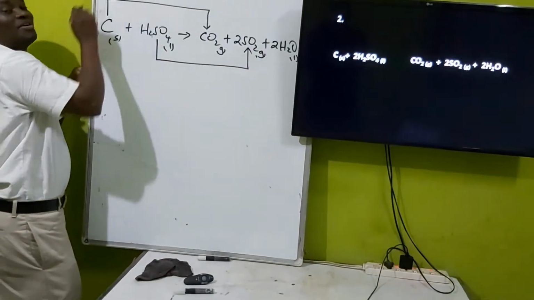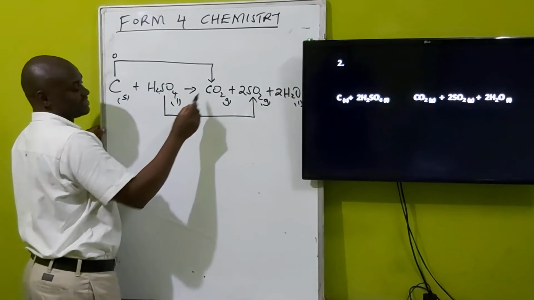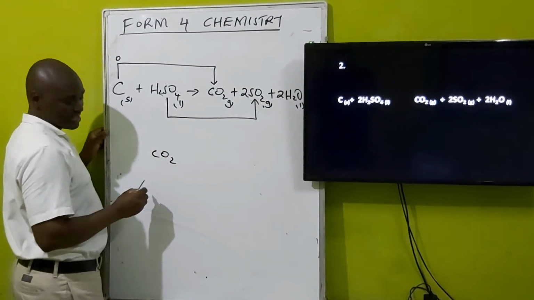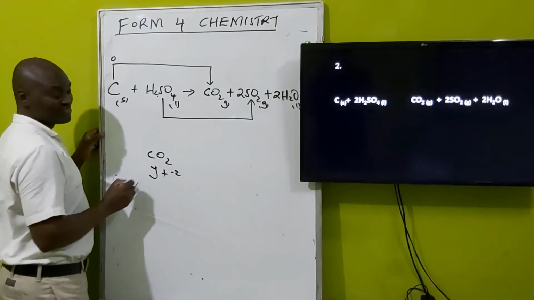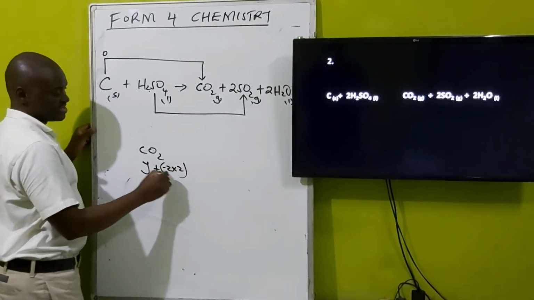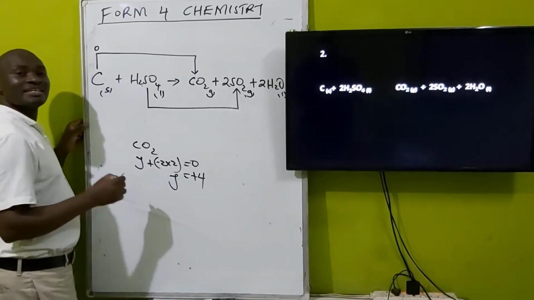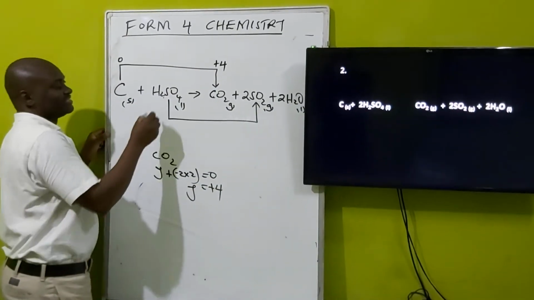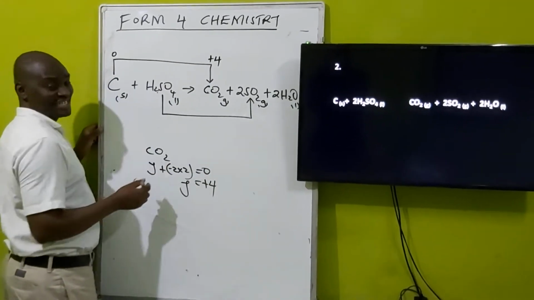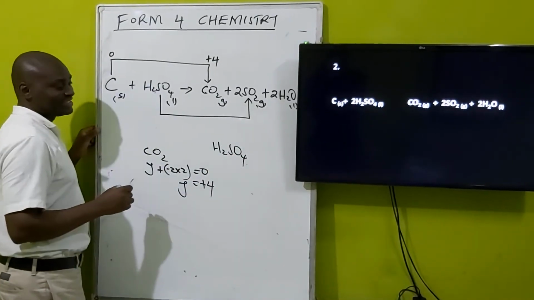Carbon here is 0. Here we have carbon 4 oxide, CO2. We don't know carbon, but oxygen is -2 times 2, which will give us 0, so y is equal to plus 4. Sulfuric 6: we can calculate sulfur in sulfuric 6 acid.